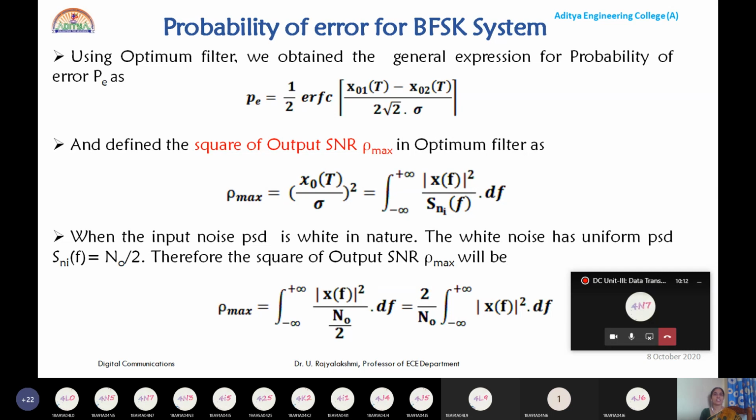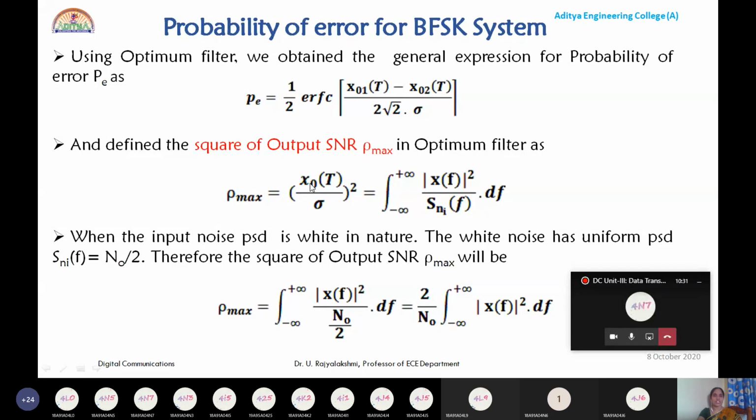x01 of t minus x02 of t is specifically the change in the output signal. The change in the output signal is defined as x0 of t, which is x01 of t minus x02 of t, and sigma represents the standard deviation. So sigma square will be the variance of the output noise component.